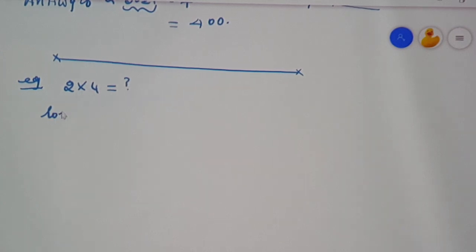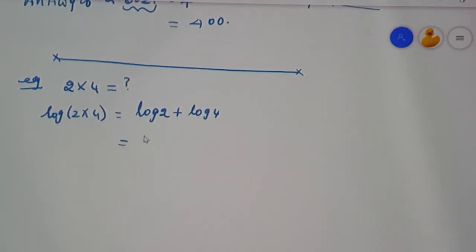So I write log of 2 into 4 as log 2 plus log 4. Sorry, not multiplied, you have to add. In logarithms, multiplication means addition.